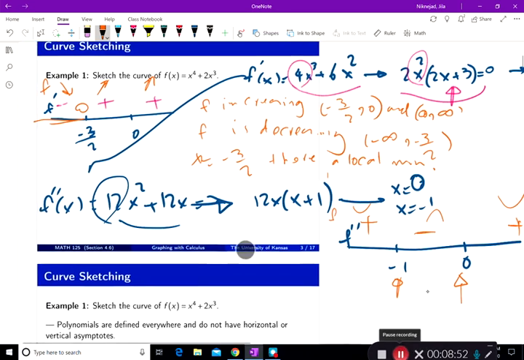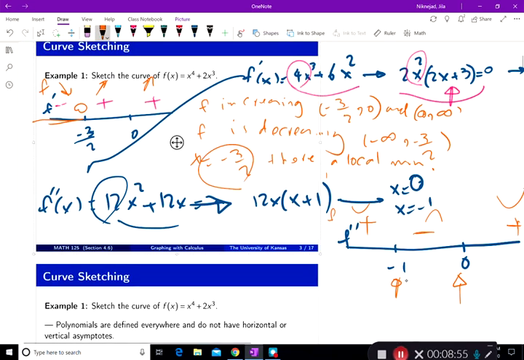If I plug in these 3 points in the original, and that's the only time I'm using the original in this question, by just finding y values, I have the y value, and I can put those points on the graph, and then just go about with each piece of the graph.